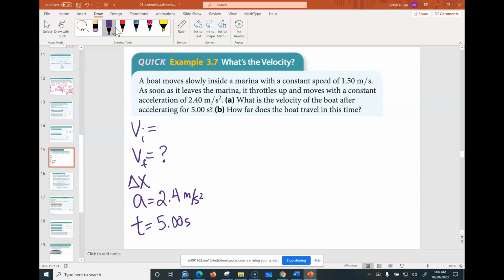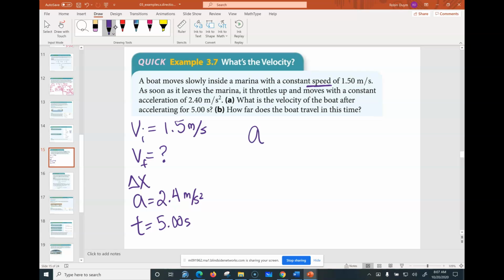Don't get tripped up on the fact that they call it speed. All they're saying, that's how fast. And we're just going to assume whatever direction he is in is positive, unless they expressly tell us stuff. So my initial velocity will be 1.5 meters per second.